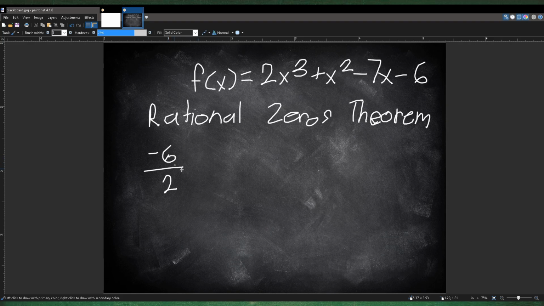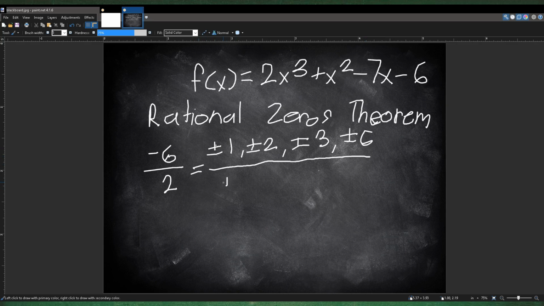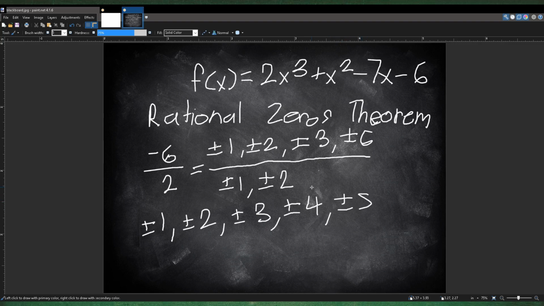So the factors of negative 6 have to be positive and negative: plus or minus 1, plus or minus 2, plus or minus 3, and plus or minus 6. All over the factors of 2, which are plus or minus 1 and plus or minus 2. So you have to find all the possibilities. 1 divided by 1 is 1, 2 divided by 1 is 2, 3 divided by 1 is 3, and 6 divided by 1 is 6.